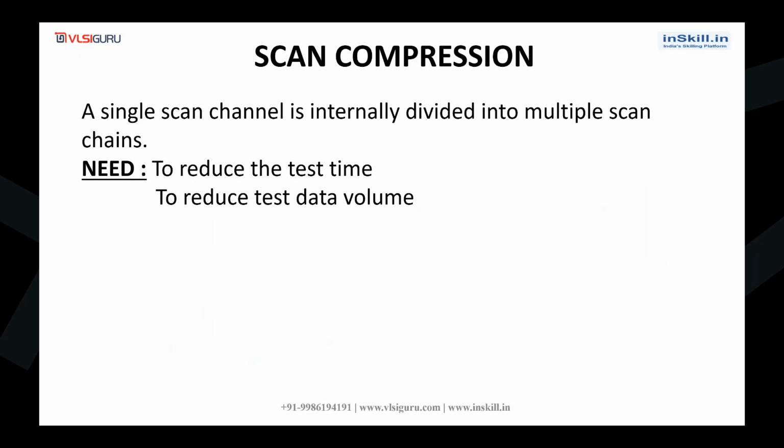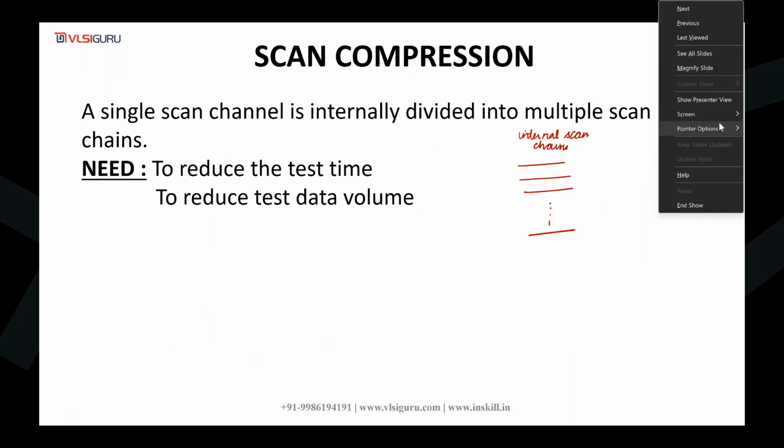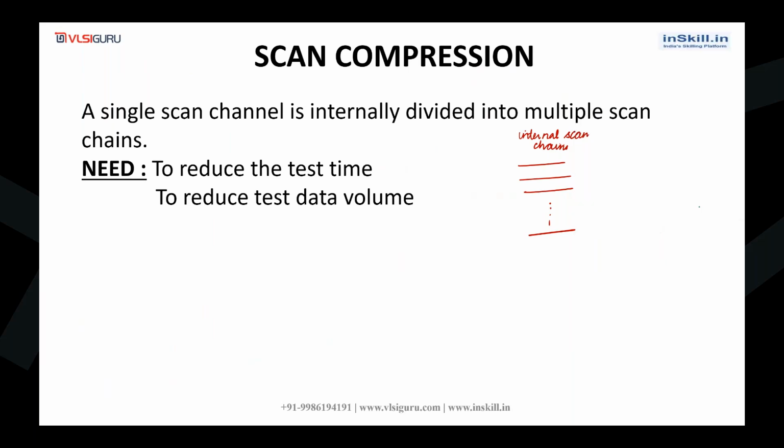Okay, so you'll be having scan chains in your design. These scan chains, we will call them internal scan chains. So these internal scan chains will be compressed into external channels like this.